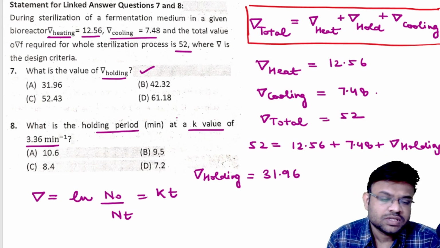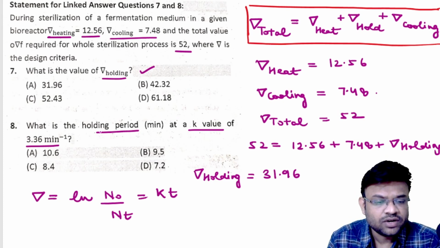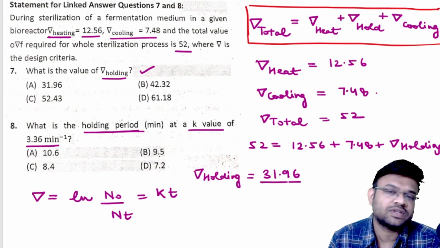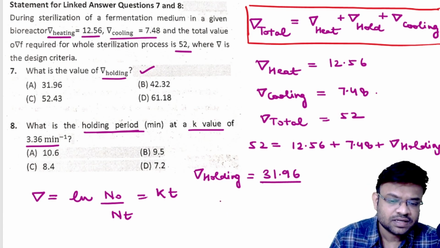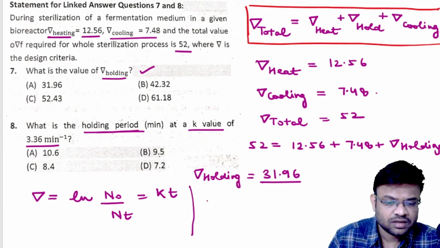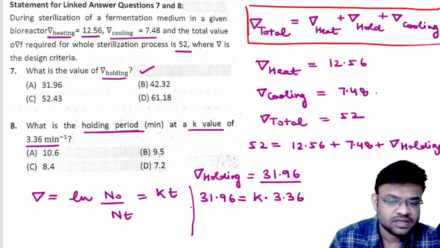Now since we are only talking about the holding period, del holding value has been given to us as 31.96. We just calculated it, so we can write it as 31.96 is equal to k into t, with k being 3.36.